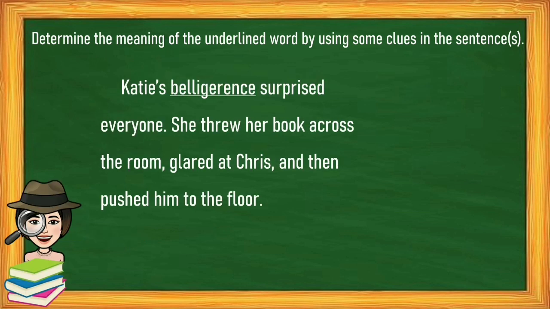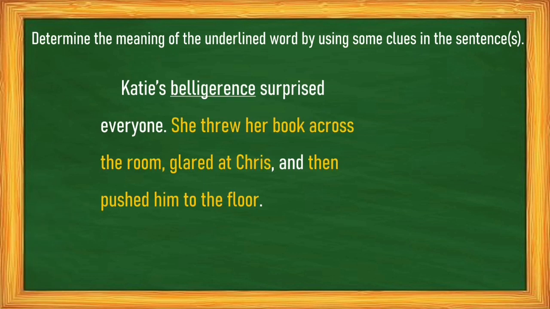Katie's belligerence surprised everyone. She threw her book across the room, glared at Chris, and then pushed him to the floor. The unfamiliar word here is belligerence. Now, what is the clue in these sentences? That's right. The clues here are she threw her book across the room, glared at Chris, and then pushed him to the floor. Now, these events would give us an idea about the meaning of the word belligerence.